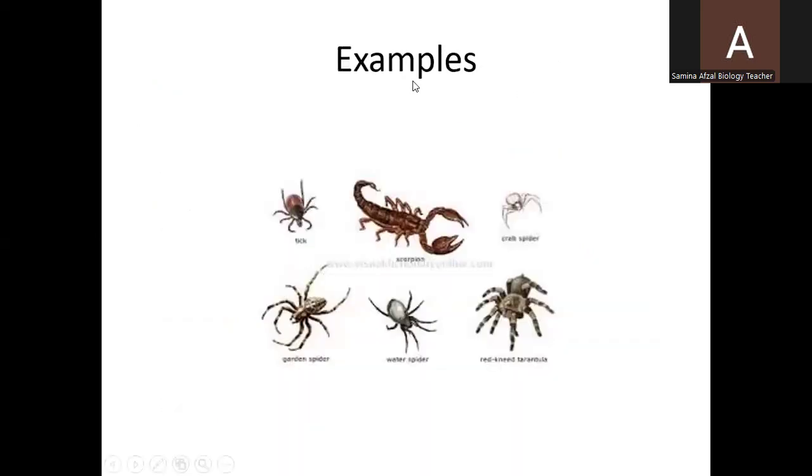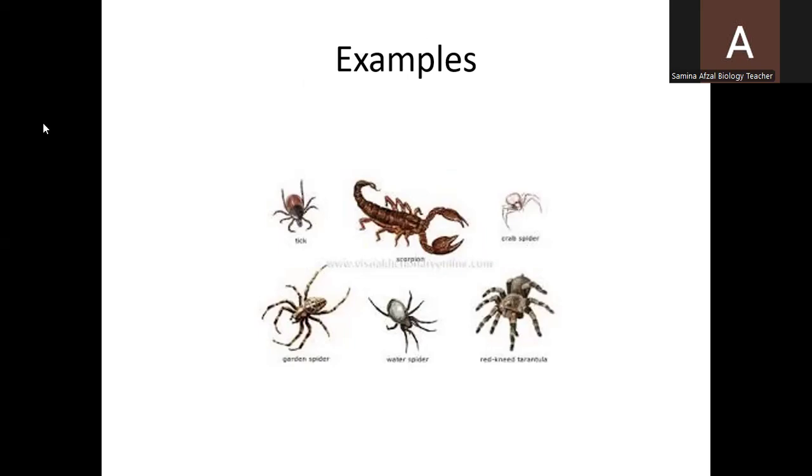Examples you can see on the screen are ticks, mites, scorpions, and spiders. They are all different poisonous arthropods which have poison inside their special teeth, which are fangs. They can kill even a human.